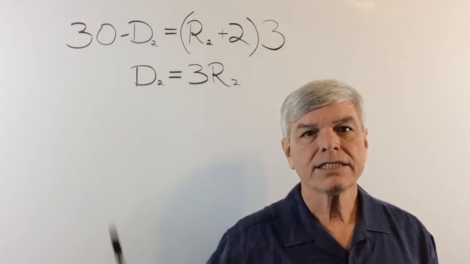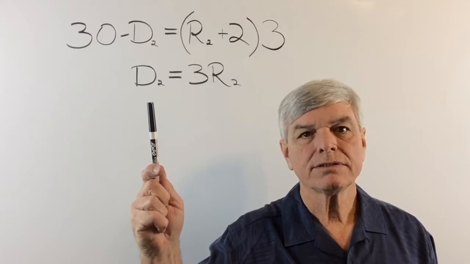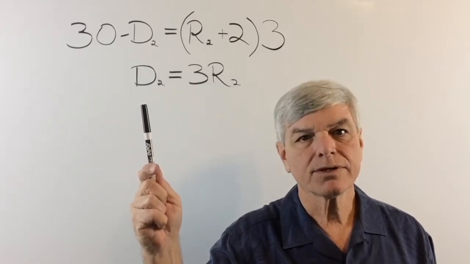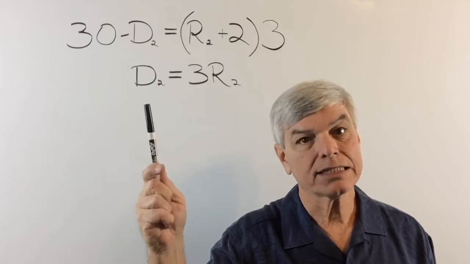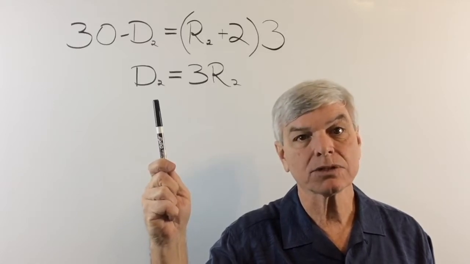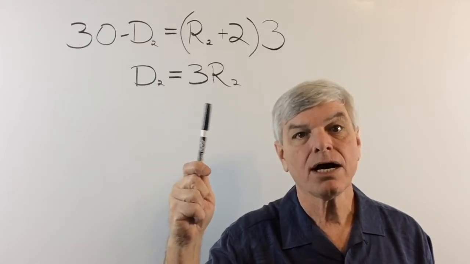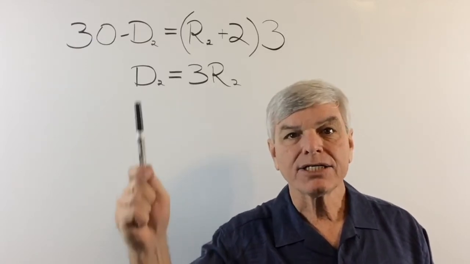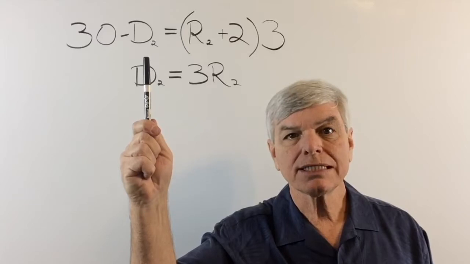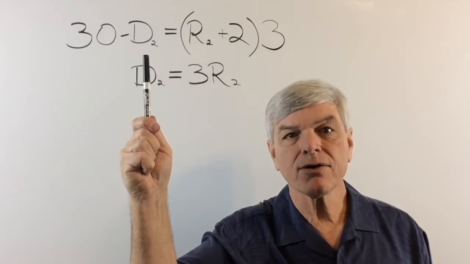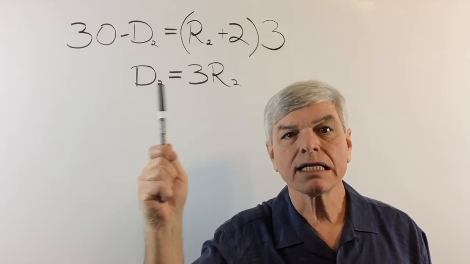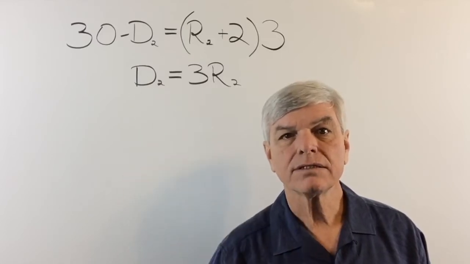And that is the only variable, if you look around here, that's the only variable where there's an equal sign after it. That is, we know what D2 equals. D2 equals 3R2. And we have a D2 up here, so let's insert the value of 3R2 here, and let's get rid of this.